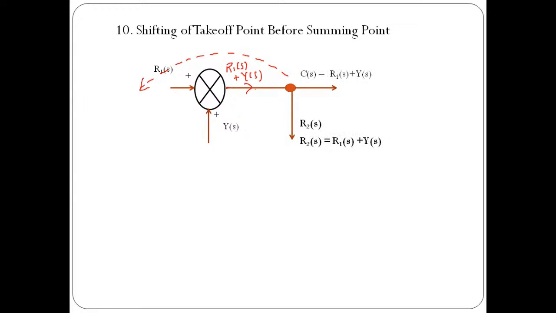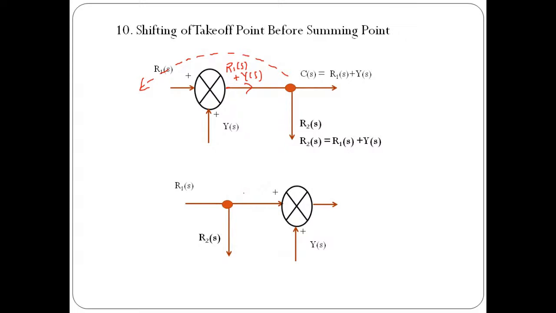Hence you will get the same value of feedback signal. So in this case, output and feedback signal are the same, and that is R1 of S plus Y of S. Now we will shift the position of the takeoff point before a summing point. Now see, in this case we have a takeoff point which is available before a summing point.